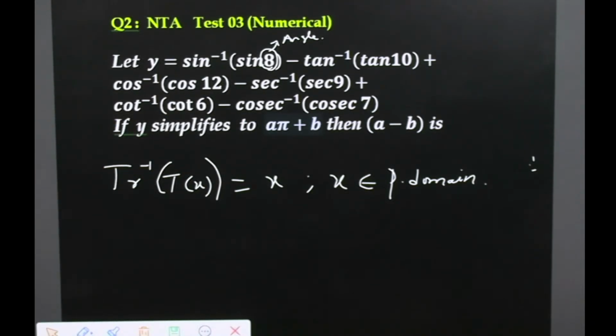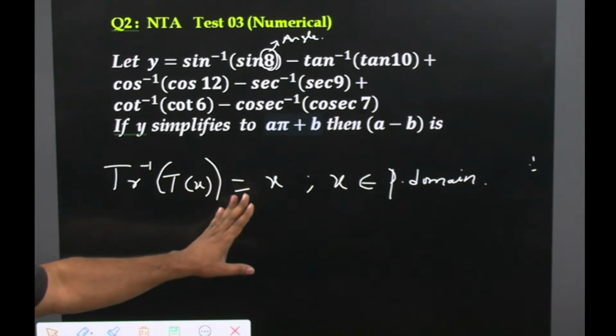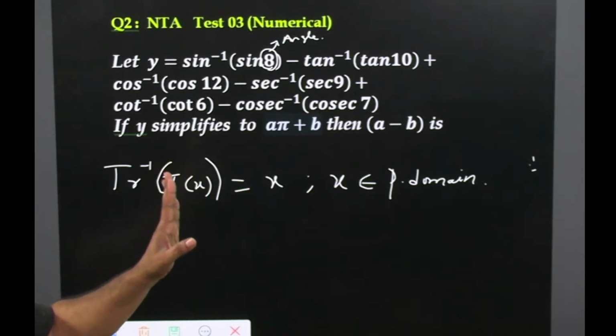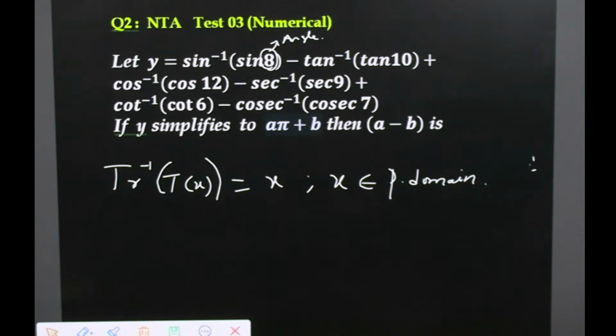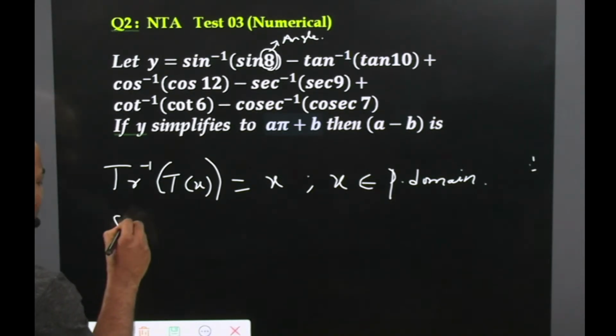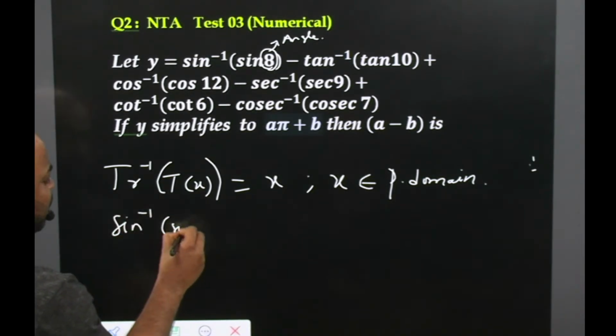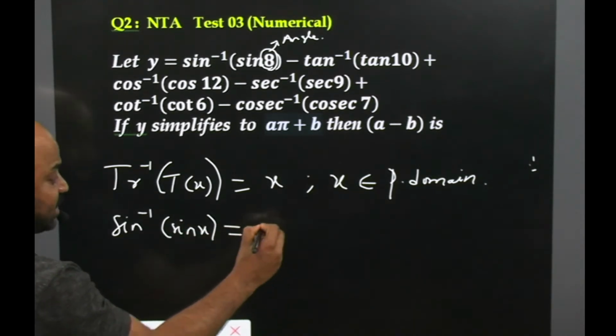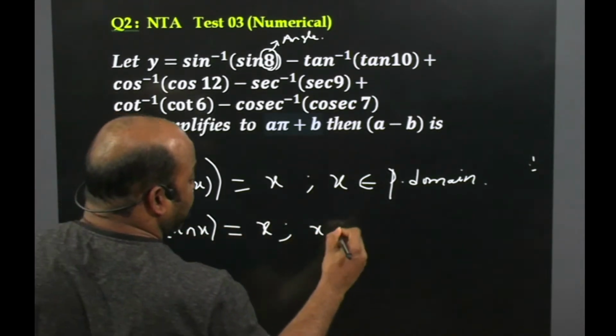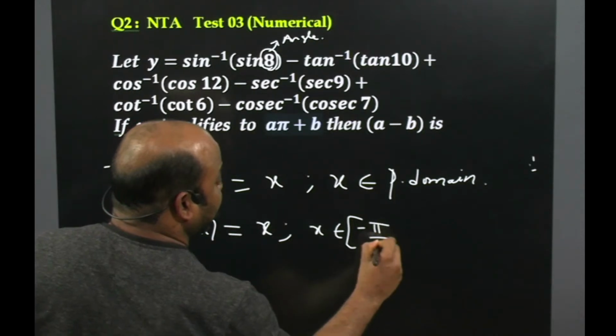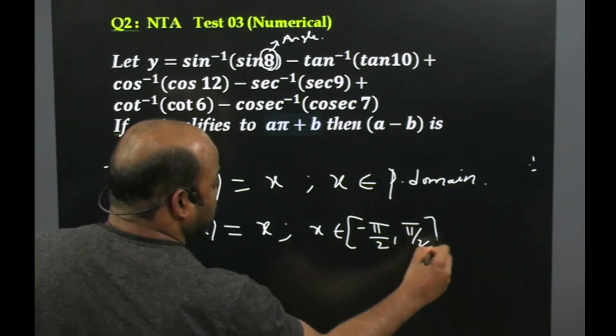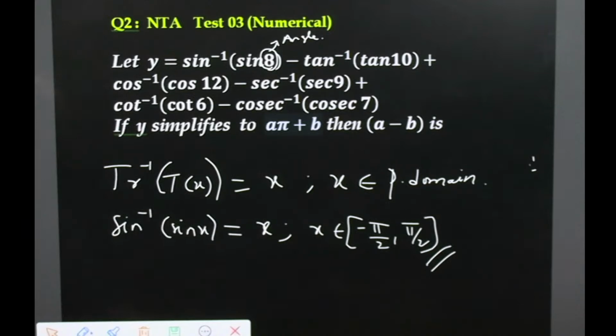We have to try to get a number which is in terms of the principal domain. The sine inverse of sin x is equal to x when x belongs to minus pi by 2 to pi by 2. You should get this limit.